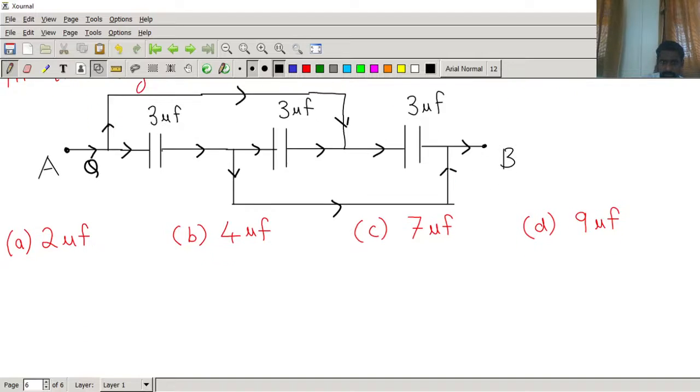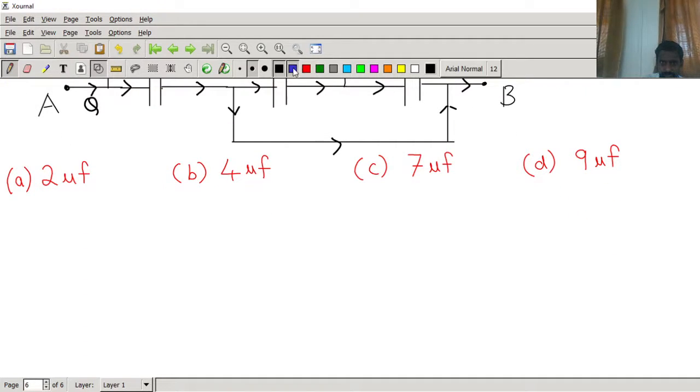So let us redraw this circuit, and you will find that it comes out to be a very simple circuit having the three capacitors between A and B, connected in parallel.